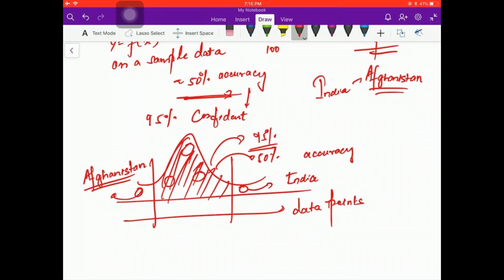Even in India, in villages, this model will fail because I didn't consider that sample. So 95% of the times I am correct that my model will have at least 50% accuracy.